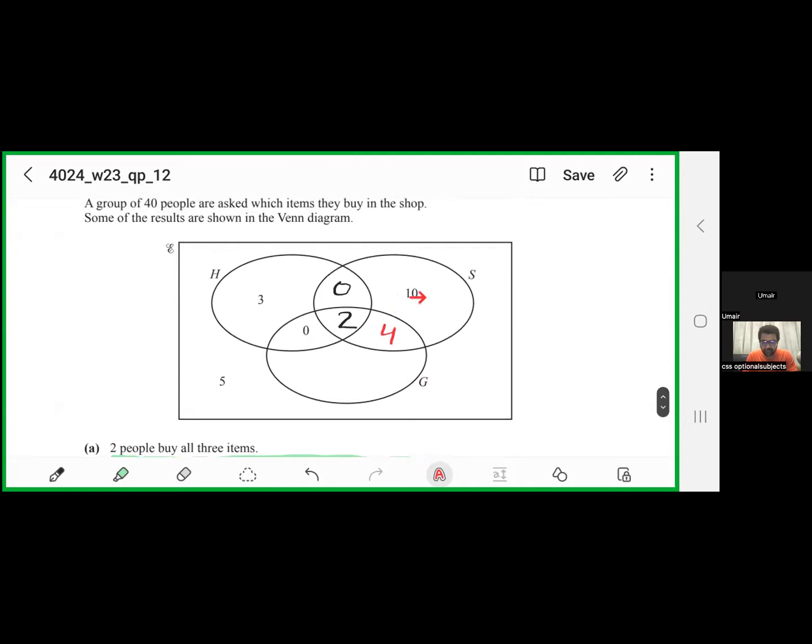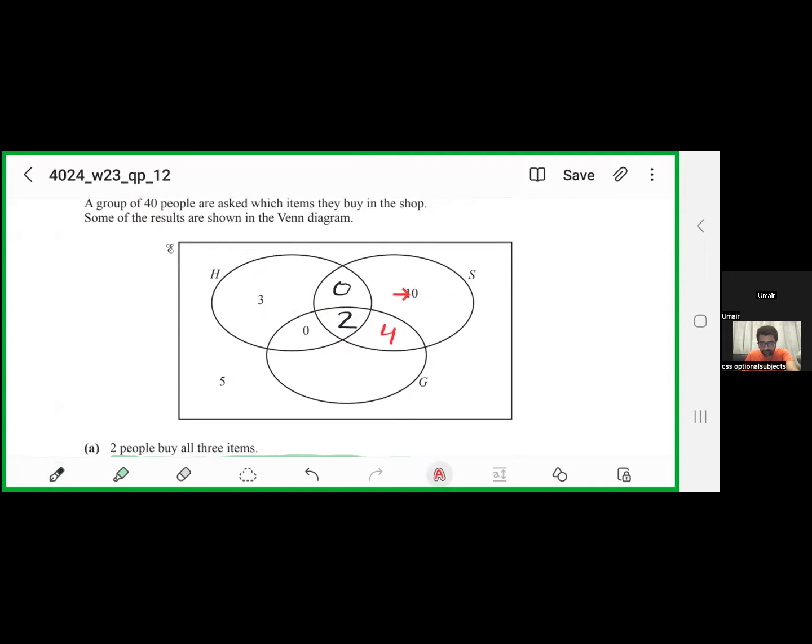Great. So we have entered the relevant data in the relevant fields. Now let us see, is there any other information missing? Total number of people are 40. So 10 are here, 3 are here, 13 plus 2, 15 plus 4, 19 plus 5, 24. So if you count the number of people in this Venn diagram, they are 24.